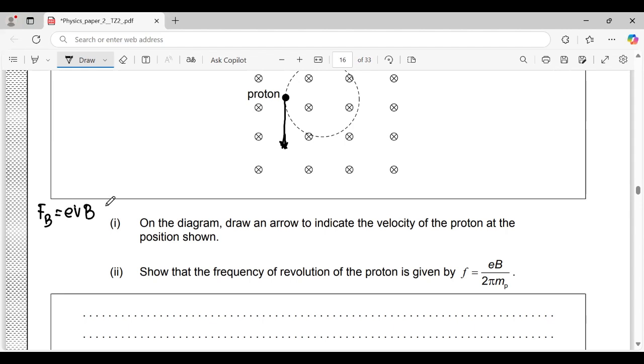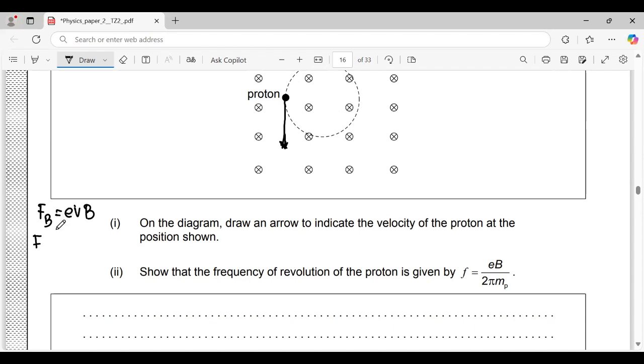And then the centripetal force F is required to keep the proton moving on the circular path.